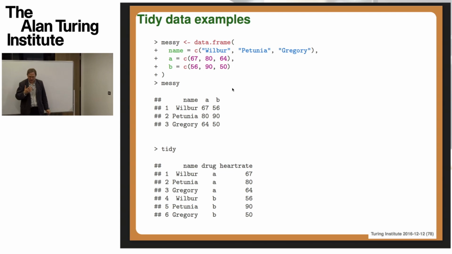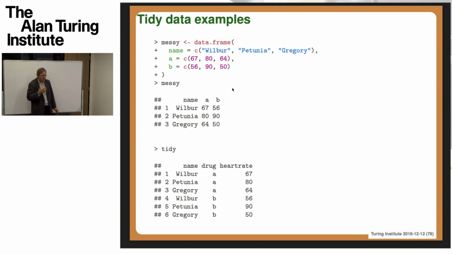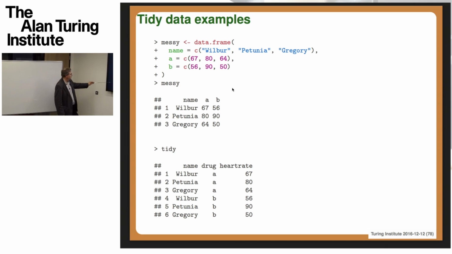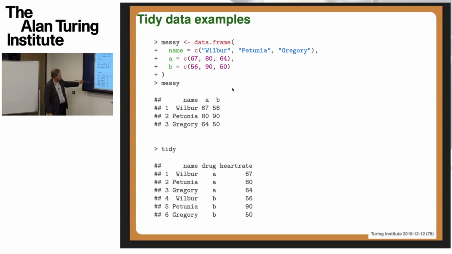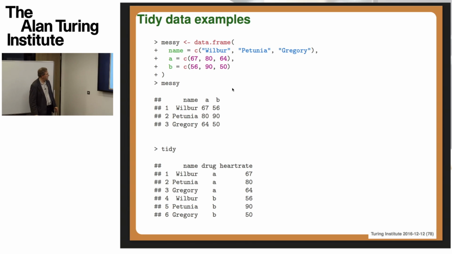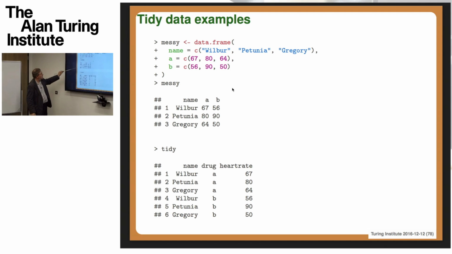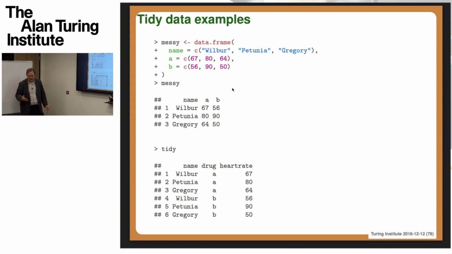And it's much easier to communicate both with ourselves and our colleagues, but also with computers, what this data set is referring to. Okay, so this would be a nice example of a tidy data set. And going from here to here might look kind of easy and trivial in this rather small example, but doing it in a large data set context, rather than fiddling with your own low-level commands to do that, there's a package, I guess it's called tidyr by Hadley Wickham and co, which gives you a few simple functions, a few simple tools, which will take you straight from messy to tidy.